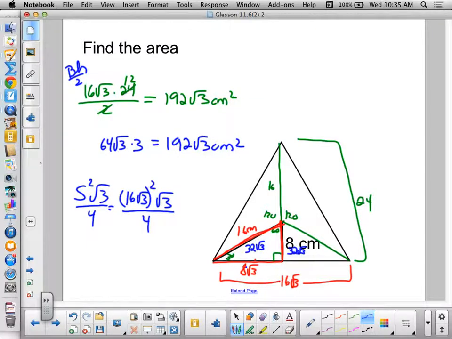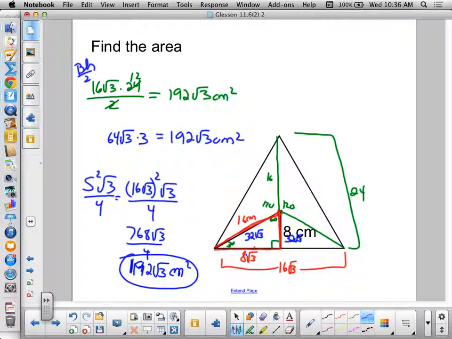So 16 root 3 squared, 16 root 3, and then square it, is 768. Divide that by 4 is 192. So it doesn't matter which method we use, we get the same answer all three ways.